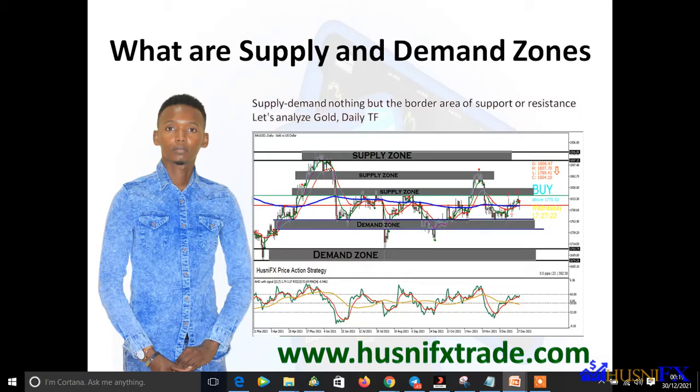Here you can see we have a supply zone, another supply zone, and another supply zone. We also have a demand zone, and another demand zone. I hope when you watch a video about how to identify the supply and demand zone, you will understand better.